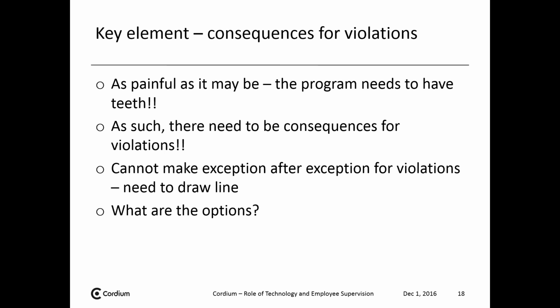So as painful as it may be, the program needs to have teeth. There needs to be consequences. You can't be in a situation where you're making exception after exception for violation. You've got to draw the line at times. I don't know how harsh it needs to be, but they do need to be.